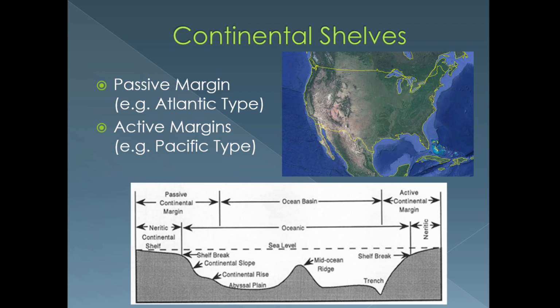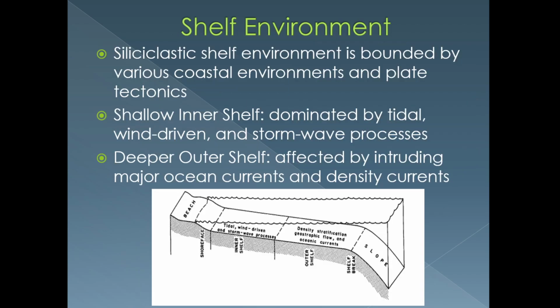While on an active continental margin, you're having a much shorter continental shelf together with a steeper continental slope. So a type of passive margin is an Atlantic type, and an active margin is a Pacific type continental margin.